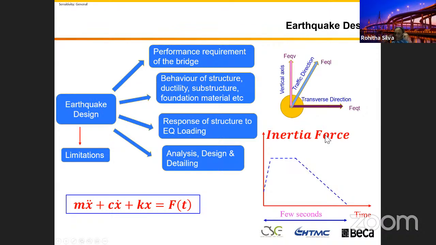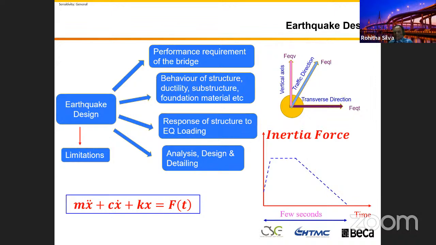The lucky thing is that the earthquake peaks quickly and then damps out within a short period of time. Because of that, the inertia force or vibration on the bridge happens for a very short period. But the extent is very important.